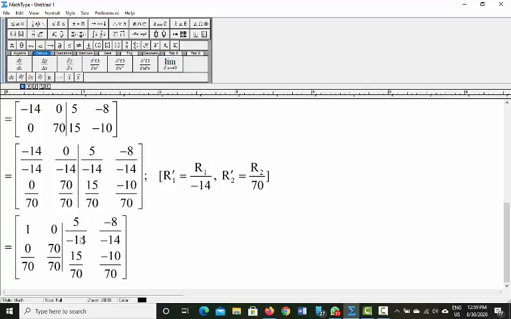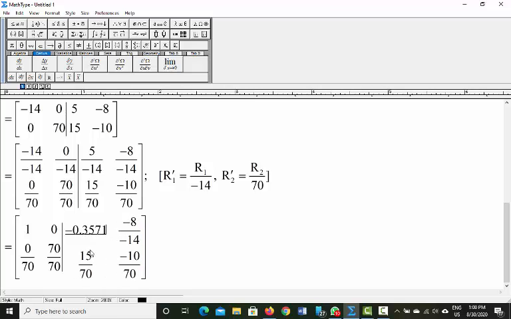Here, what will we get? 5 divided by minus 14. You can use your calculator to do the division. 5 divided by minus 14 is equal to minus 0.3571.